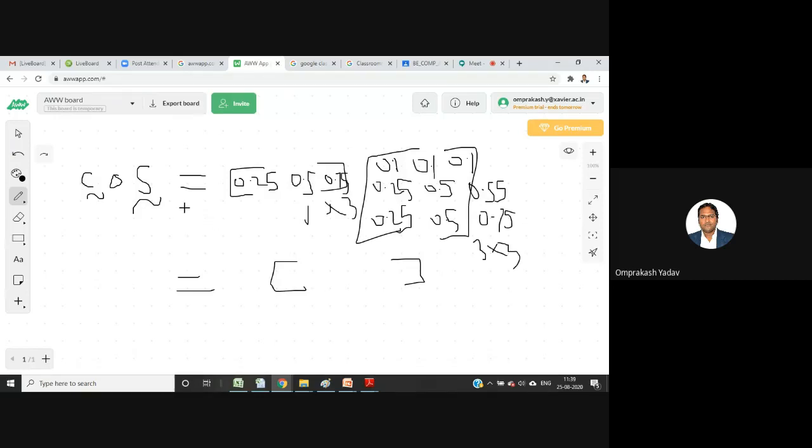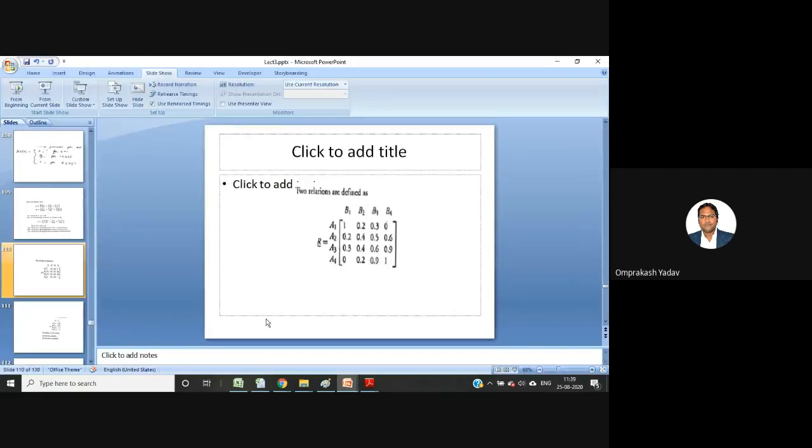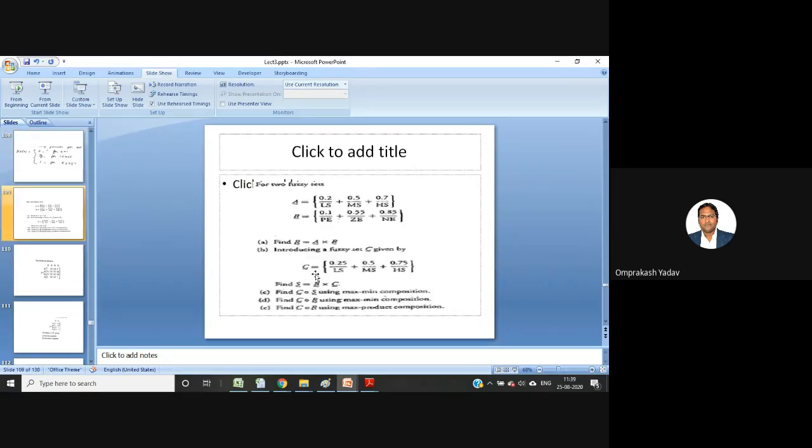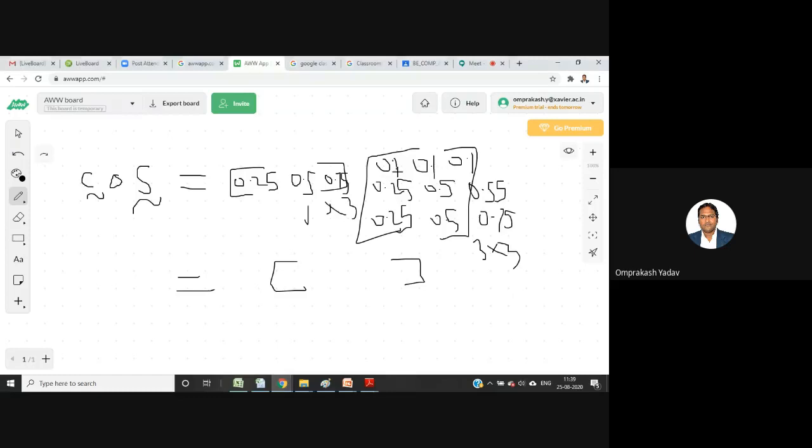Yes, sir. Okay. Then the S matrix which we got, I have written over here. If you see the dimensions, the first one is 1 by 3 and the second one is 3 by 3. So the answer will be 1 by 3.